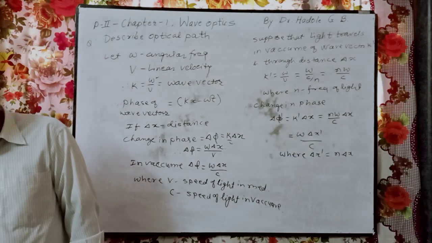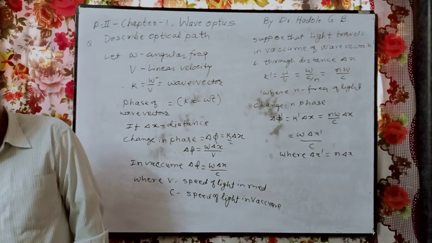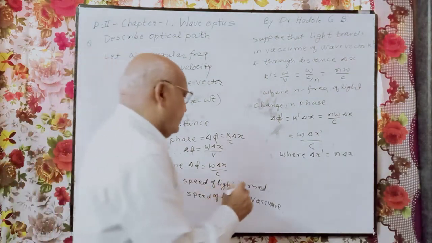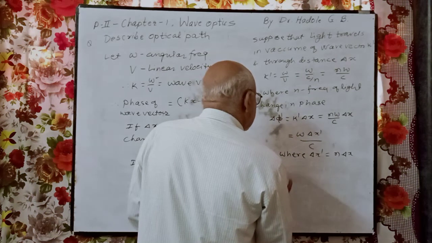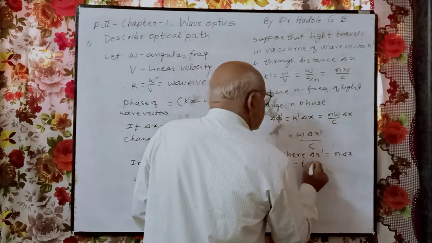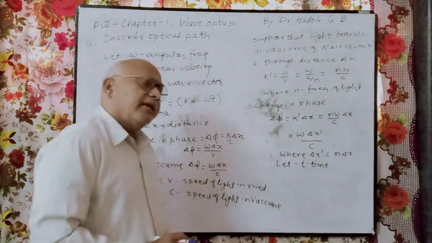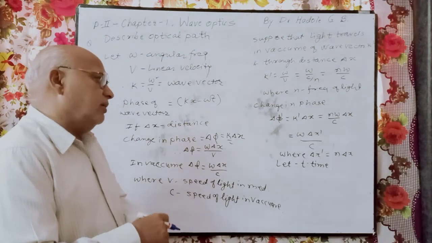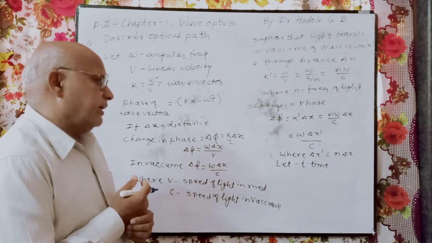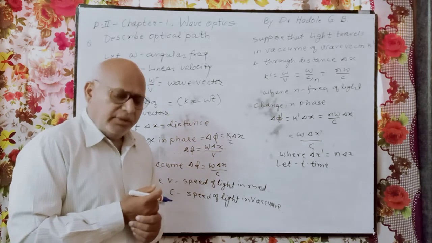If optical path in a medium travels in time t, let t be the time taken by the light to travel in the vacuum, as well as time taken by the light to travel in medium.